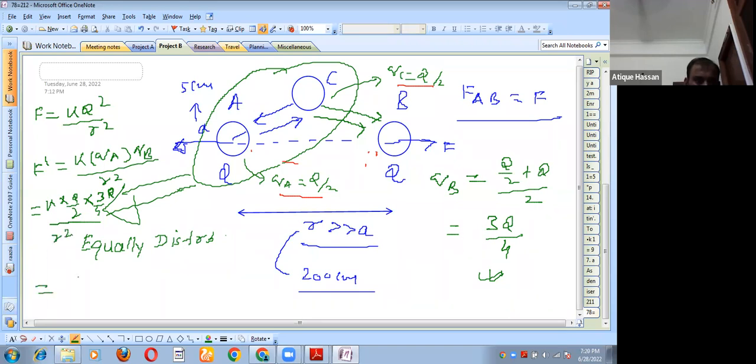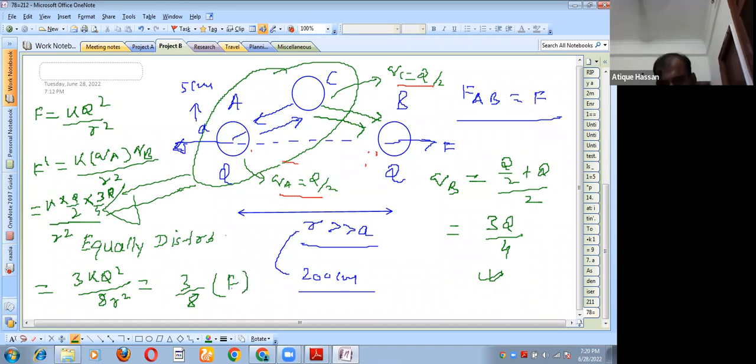So the new force will become 3K Q square by 8 R square. Are you clear with this? So it can be equal to 3 by 8 times K Q square by R square, which is F. So the new force will be 3 by 8 F.